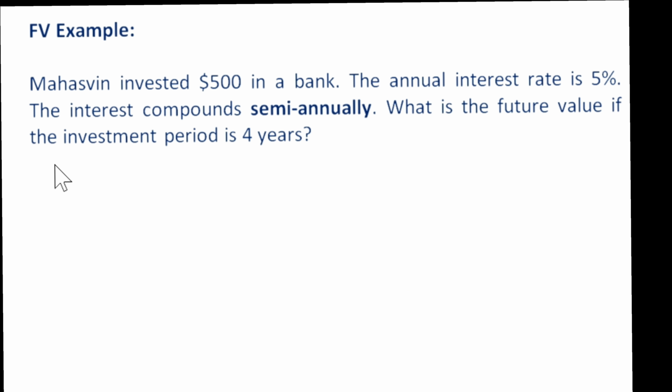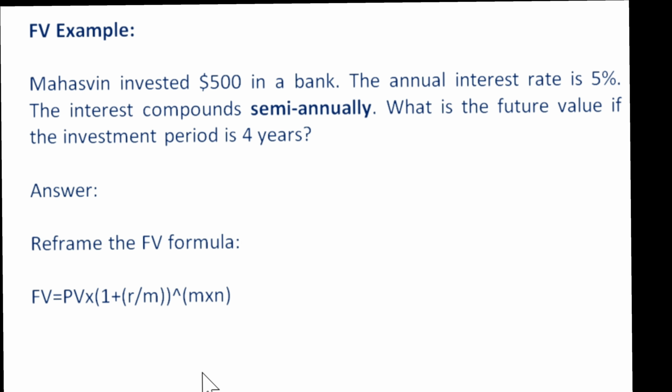Here we have FV example. Mahaswin invested $500 in a bank. Annual interest rate is 5%. The interest compounds semi-annually. What is the future value if the investment period is 4 years? Here, use the FV formula to find the future value.